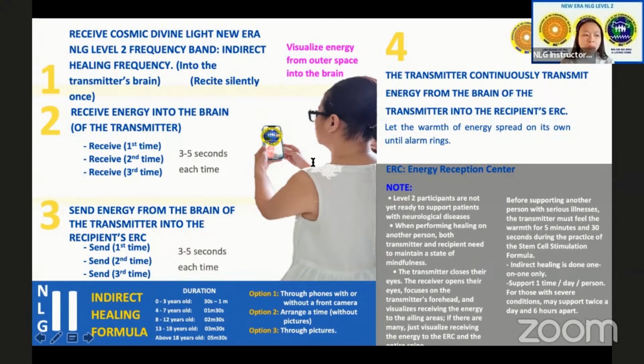But if it's a new friend or someone that you barely know, but their family asks you to send energy to them or they agree for you to transmit energy to them, then you can ask for a photo so that you can look at the photo and you transmit energy accordingly.